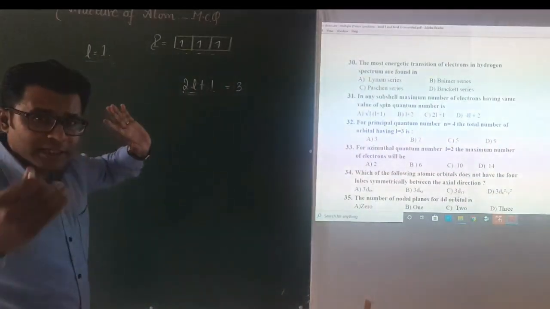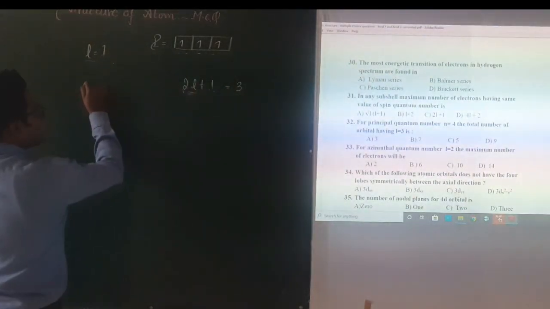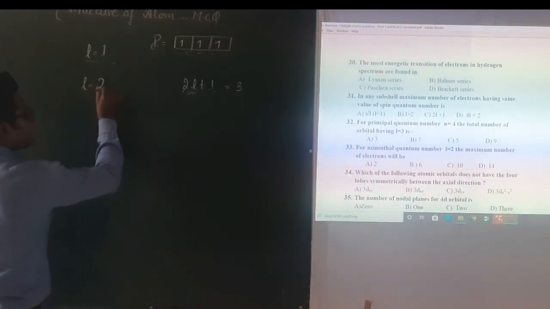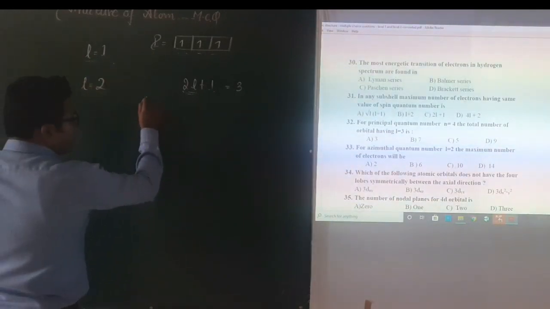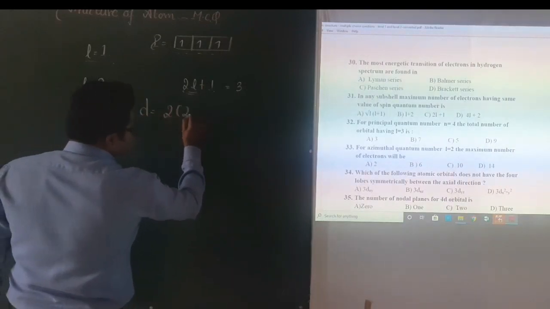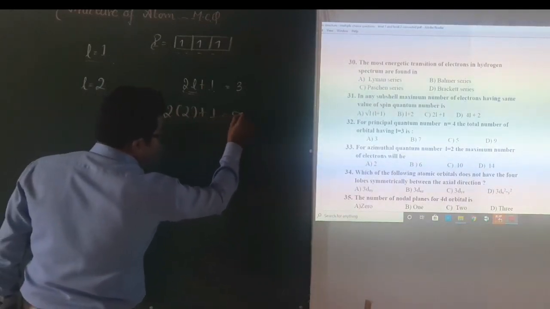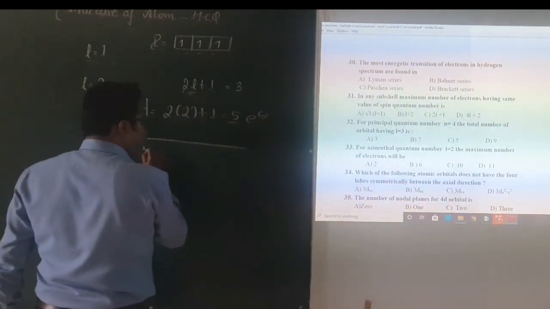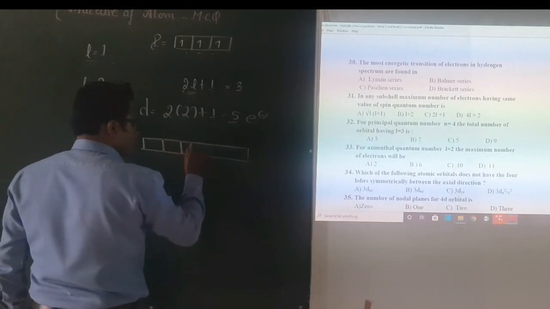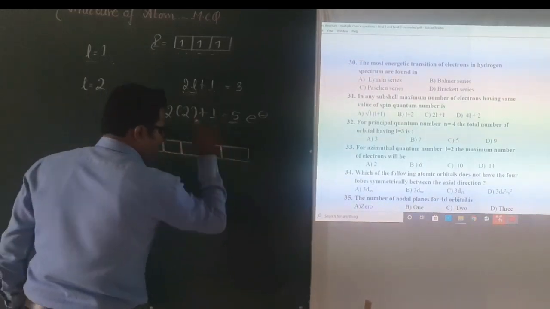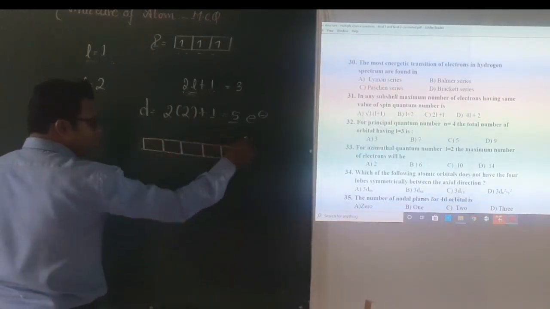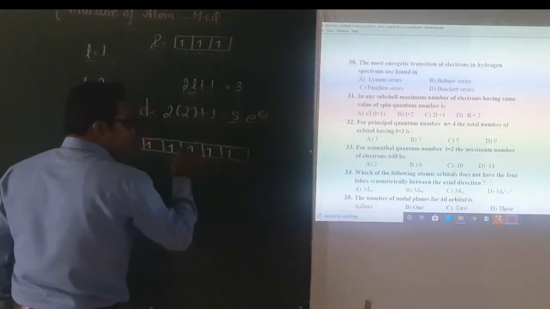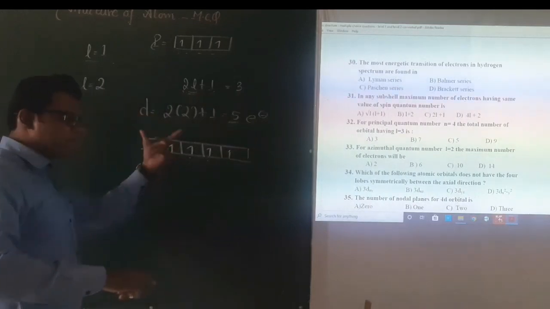You can apply this for the d orbitals also. For d, the azimuthal quantum number is 2. So 2 into 2 plus 1 is 5 electrons. When we look at the d orbitals, we have 1, 2, 3, 4, 5, a maximum of 5 electrons having the same spin.